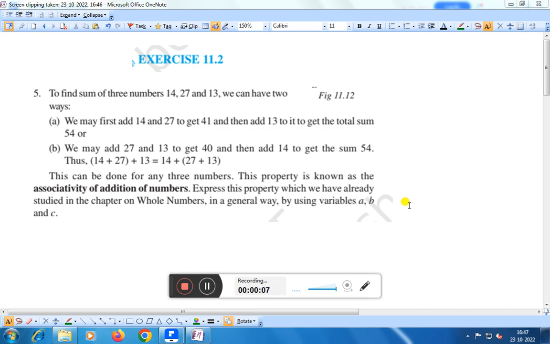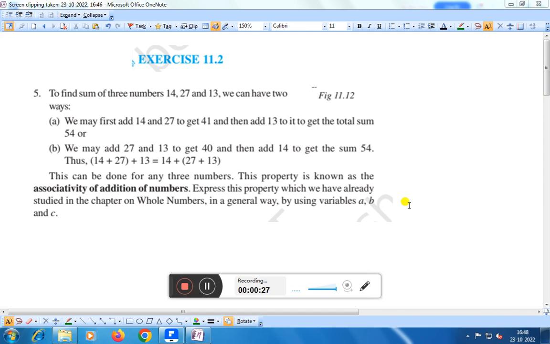To find the sum of any three numbers 14, 27 and 13 we can have two ways. We may first add 14 and 27 to get 41 and then add 13 to it to get the total sum 54.